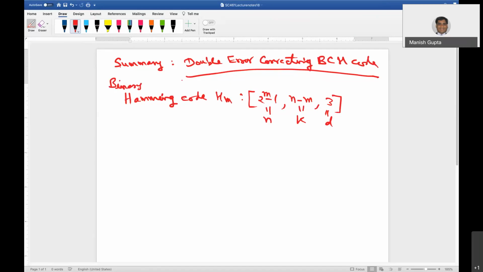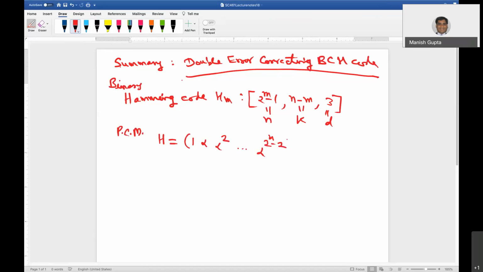We know that the parity check matrix of this Hamming code can be taken as 1, alpha, alpha square, up to alpha raised to power 2 raised to power m minus 2.